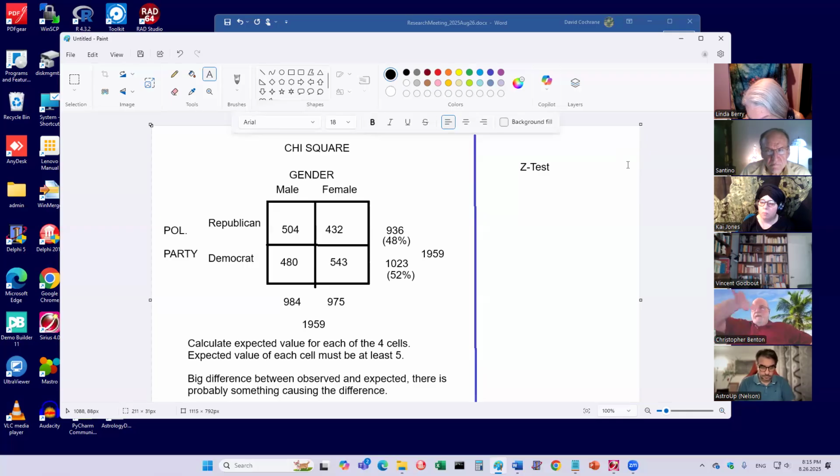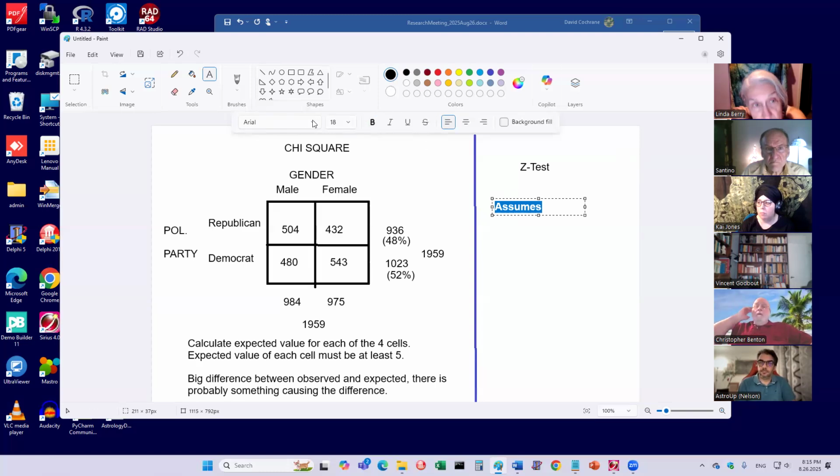But the normal distribution is that nice symmetrical bell curve. And if you're doing a one-tail test, then if your z value falls too far in one of those tails, then it becomes a significant result.